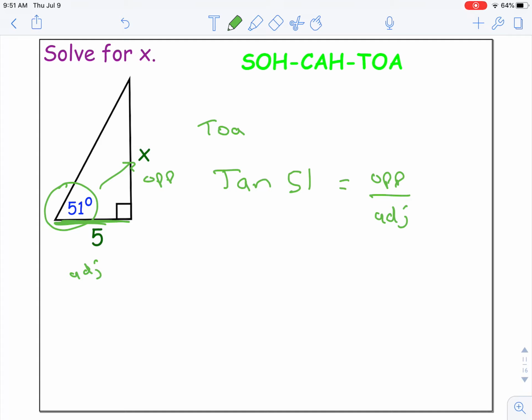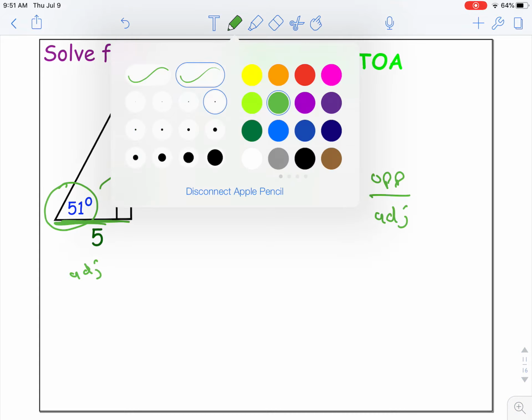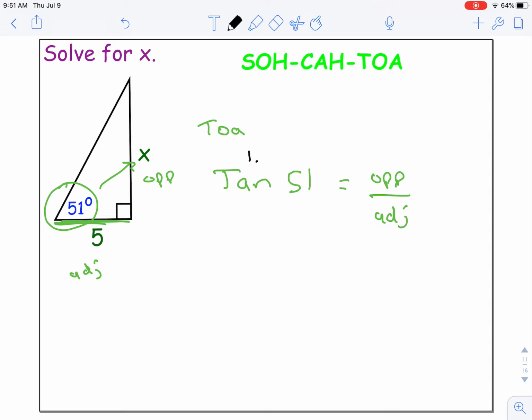And you could actually get that ratio right now just to kind of show you how this works. If I type in tangent of 51, that is going to give me a ratio of 1.2349. Again, round to 4 decimal places for accuracy.